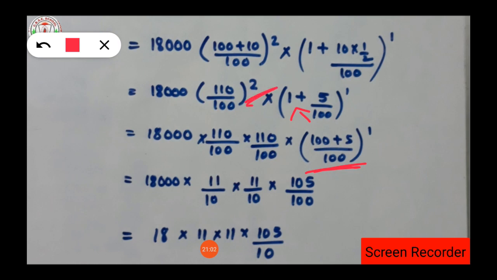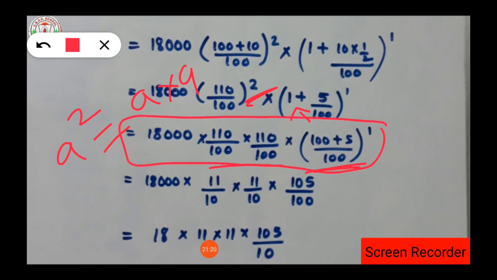As here is power 2, we know that a to the power 2 is a into a. That means 110 upon 100 whole to the power 2 can be written as 110 upon 100 into 110 upon 100. So altogether the equation will be expanded in this form, that is 18,000 into 110 upon 100 into 110 upon 100 into 100 plus 5 upon 100 whole to the power 1.